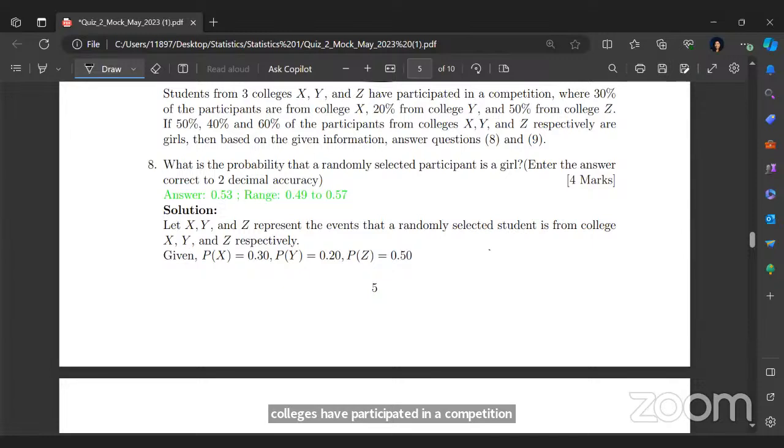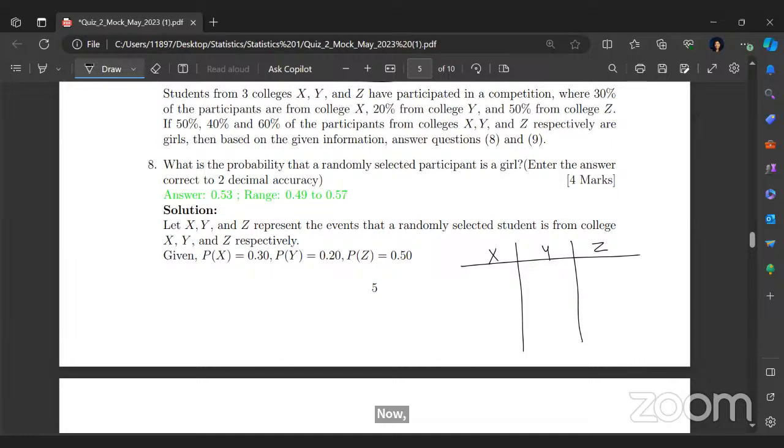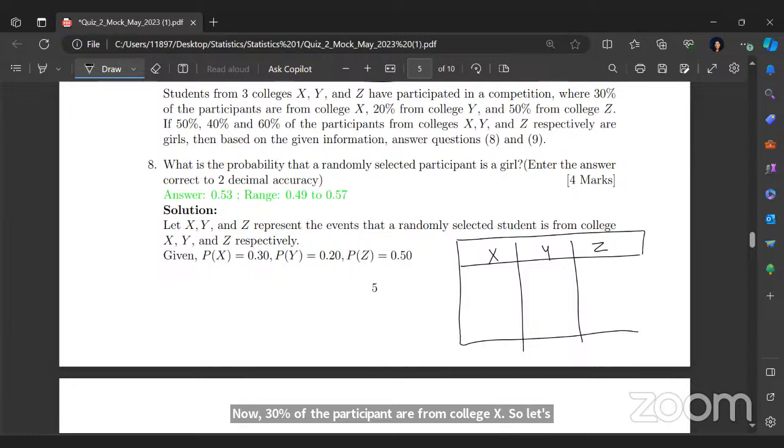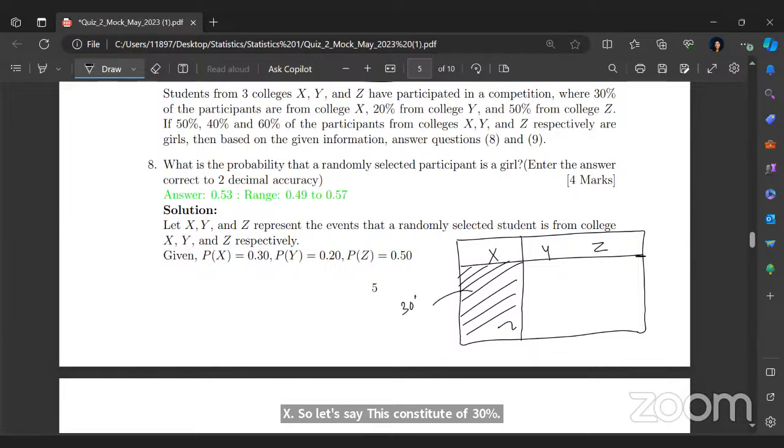So you have, let's say, college X, college Y, and college Z. Now, 30% of the participants are from college X. So let's say this is my sample space, and this constitutes 30%. 20% are from college Y. This is 20%.